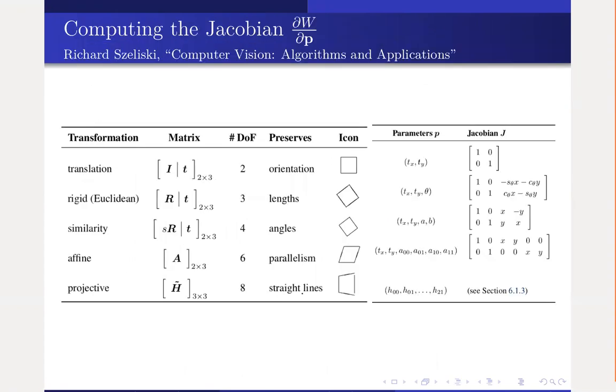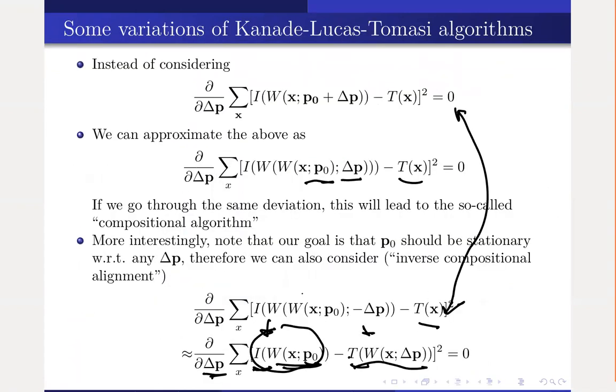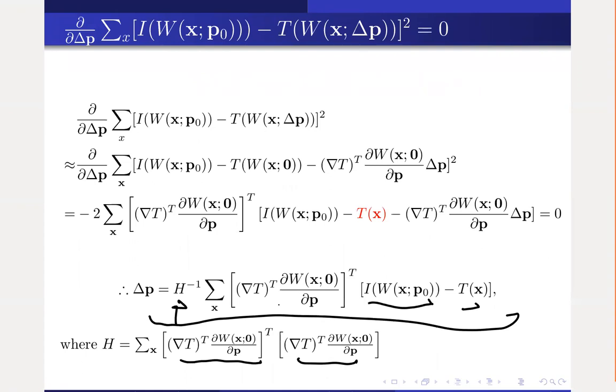But for this one, the H is like you are warping with just a 0 here. So we say something is constant.